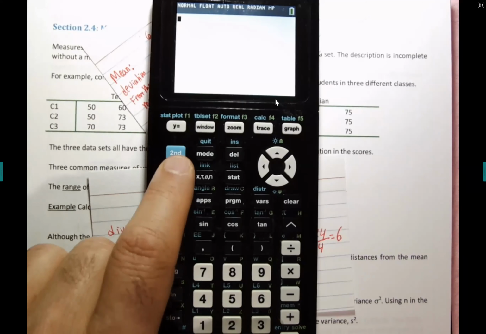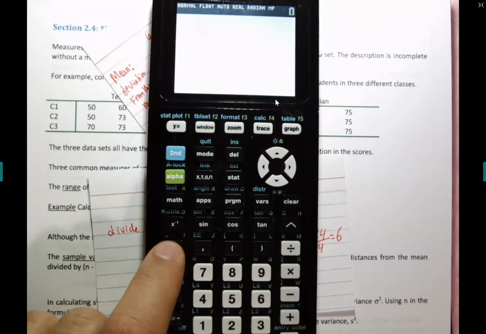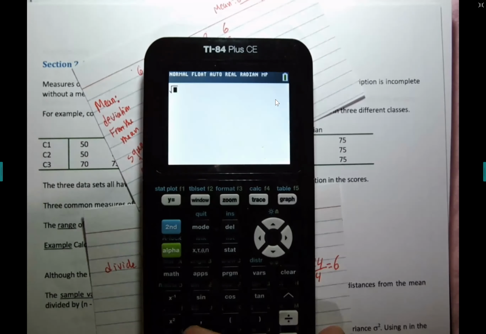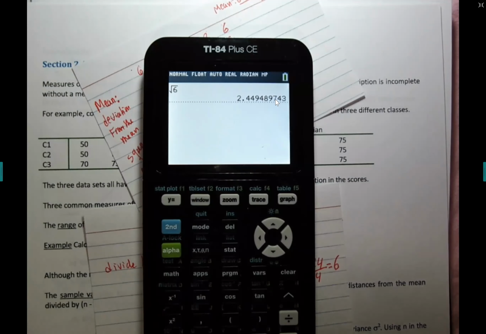So I need to press the second key first. And then this is it, right here. And now I can enter 6 here. And that's the standard deviation. So the standard deviation is, if we want to round it to 1 decimal place, 2.4.